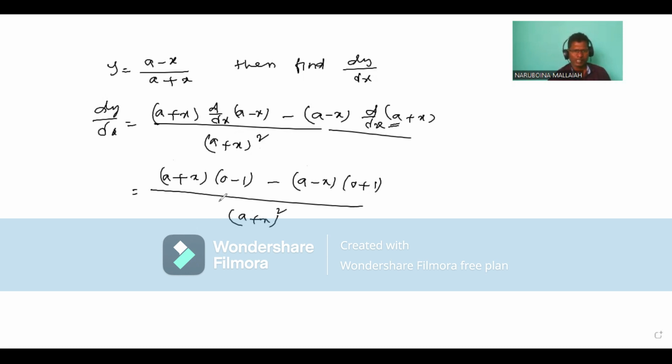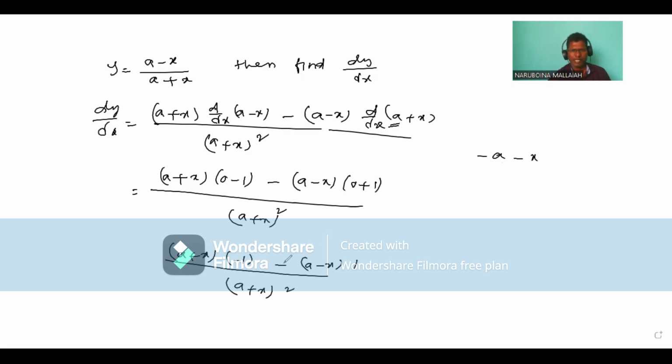Now, here 0 minus 1 becomes minus 1. Once again, I'm writing a plus x. 0 minus 1 is minus 1, minus a minus x into 0 plus 1, that is 1, by a plus x whole square. Multiply this a plus x by minus 1. Minus 1 into a, that is minus a, minus 1 into x, minus x.